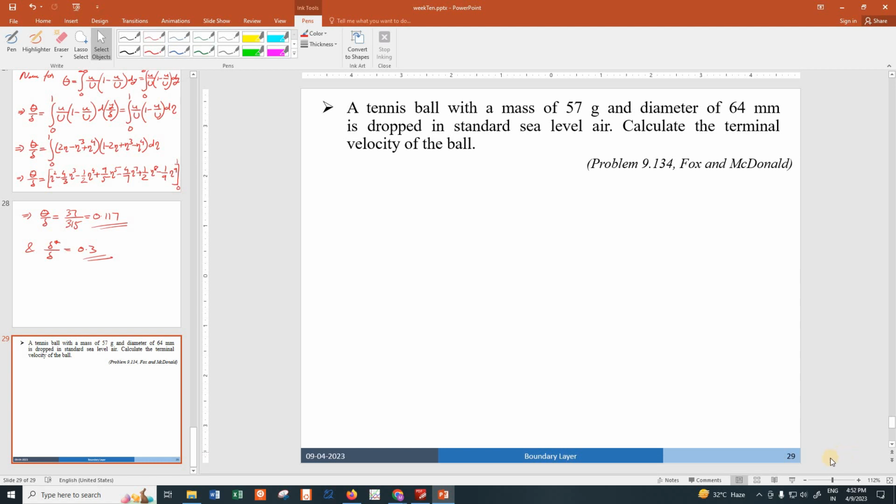A tennis ball with a mass of 57 gram and diameter of 64 millimeter is dropped in standard sea level air. Calculate the terminal velocity of the ball.